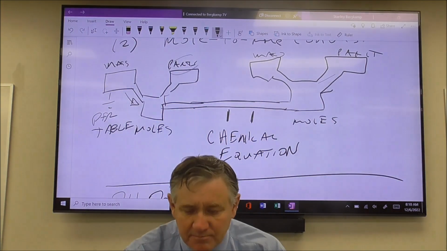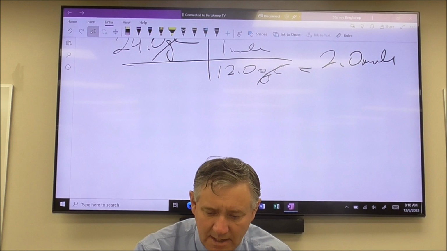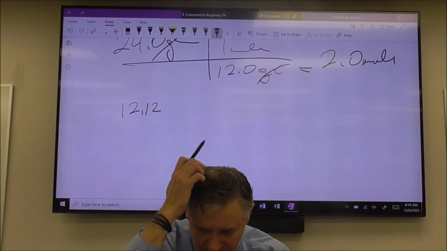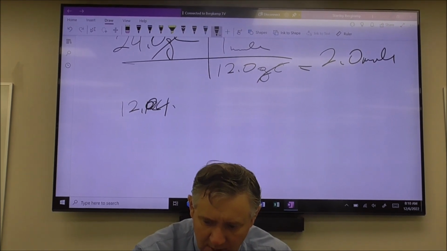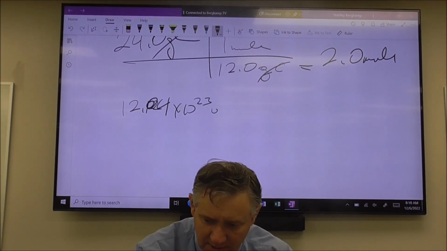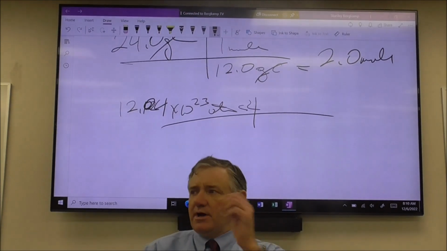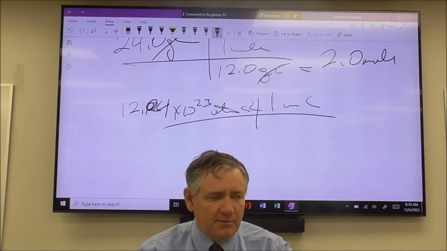Now, if you're over here in parts, right? If I give you 12.04 times 10 to the 23rd atoms of carbon, okay? And I want to know how many moles that is. In 1 mole of carbon, how many atoms are there?